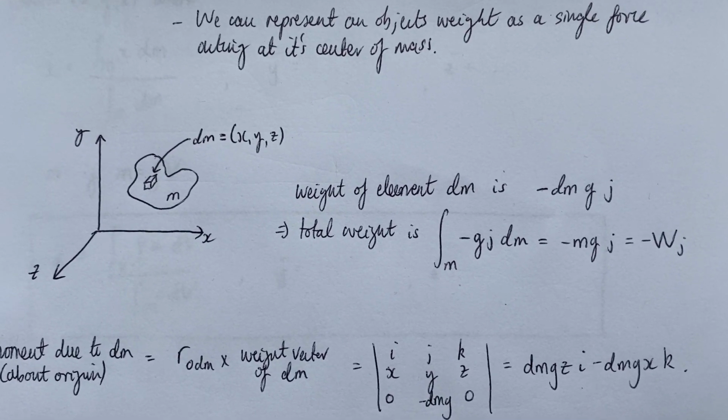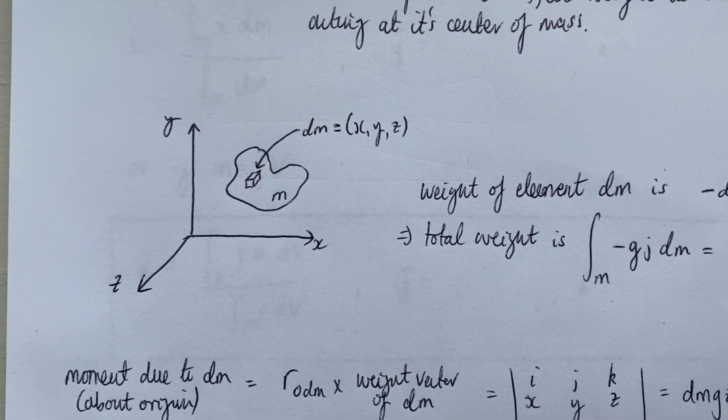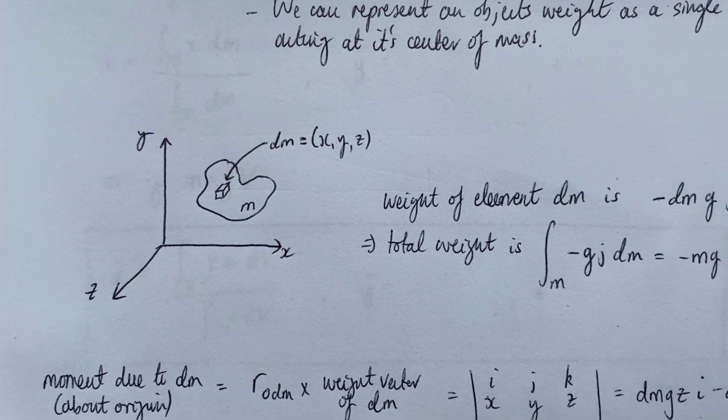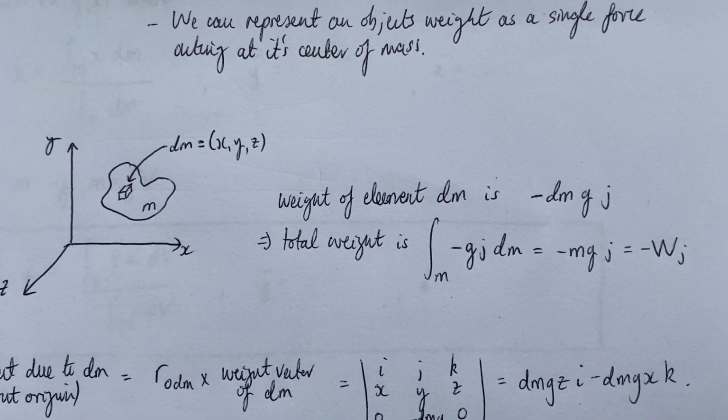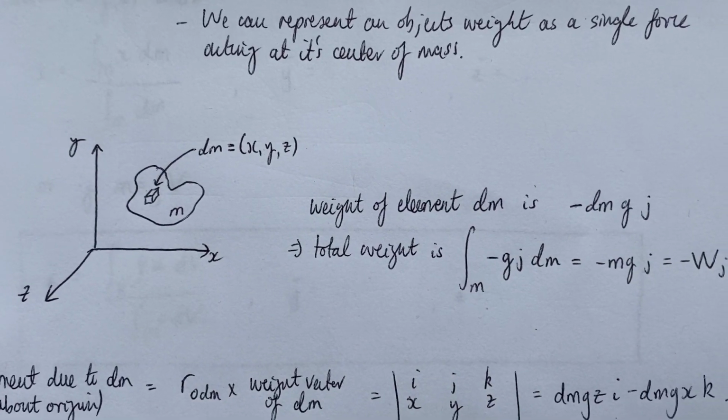And that's in the negative y direction, because weight always acts vertically downwards. So that's where this negative j component comes from here.